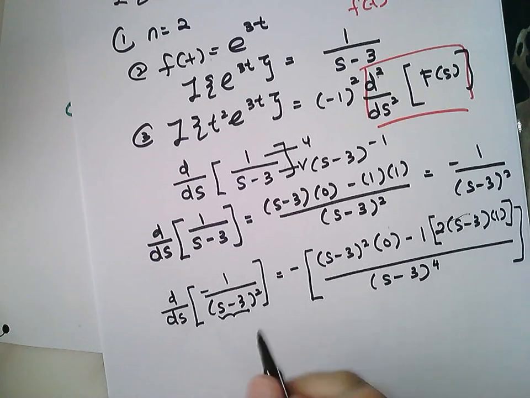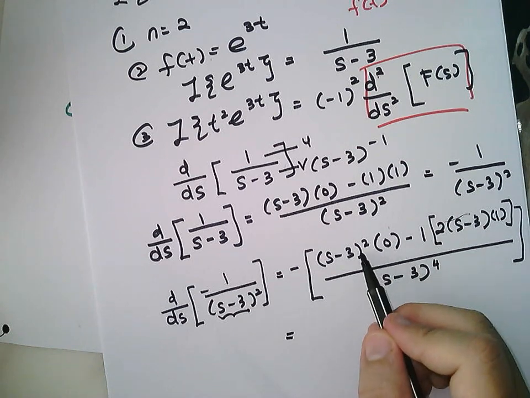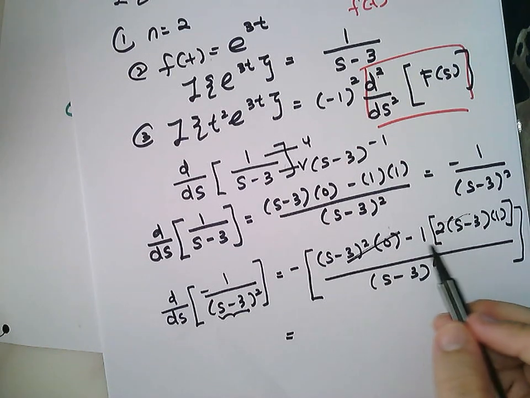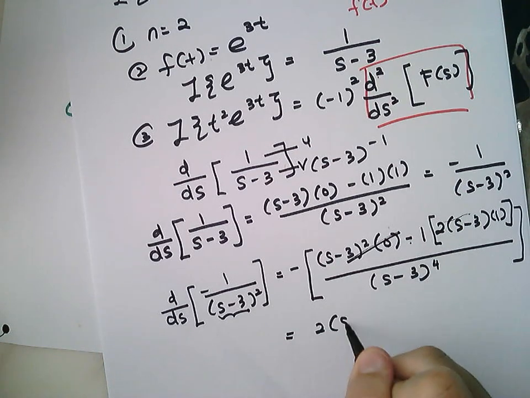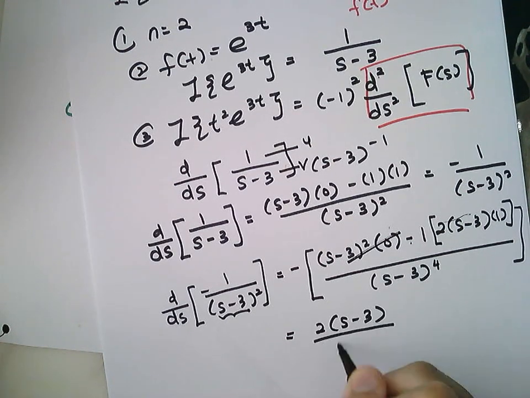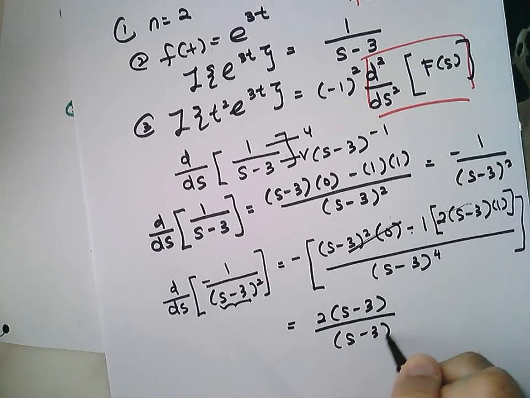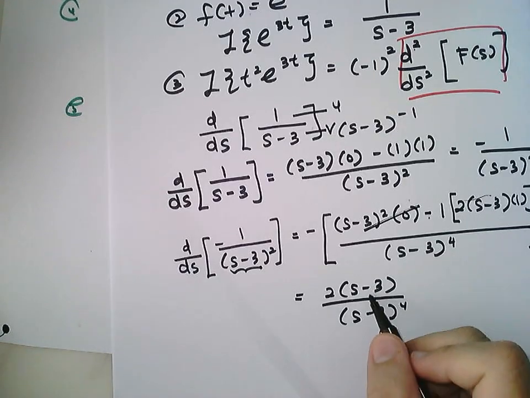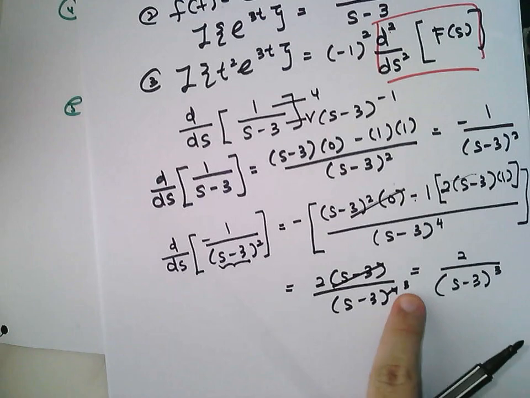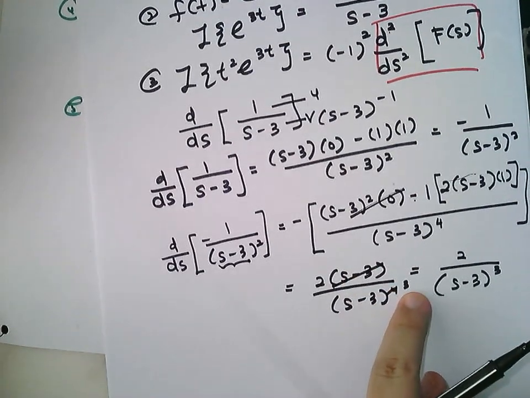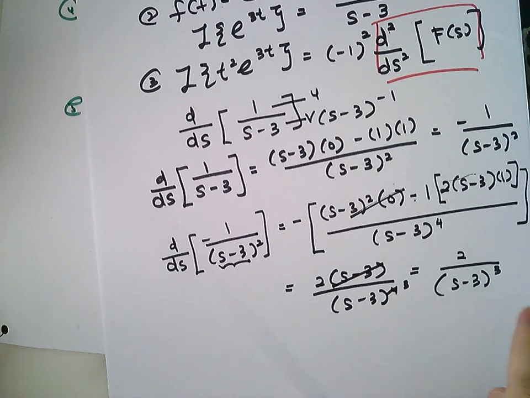This one is times by 0, so you can cancel it out. Negative negative will give you positive. So 2(s minus 3) over (s minus 3) to the power 4. You can simplify this part, so you are left with 2 over (s minus 3) cubed, because 4 cancels with 1 and you are left with 3. But this is not yet the answer.